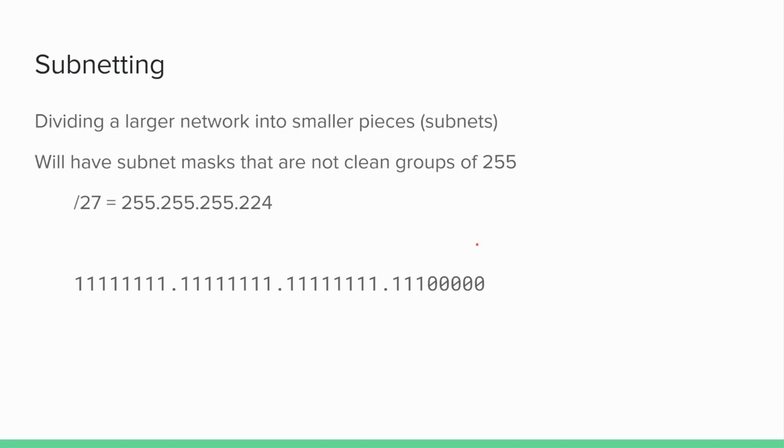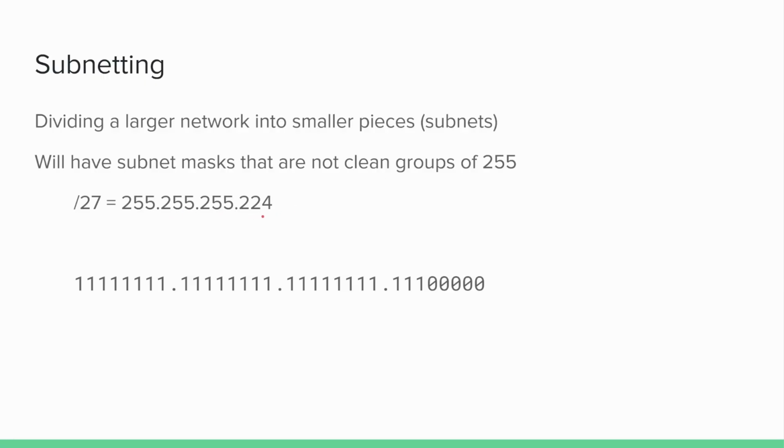So as I just said, the idea of subnetting is to divide a larger network into smaller pieces, and each of these pieces is called a subnet. So what this means is that we'll have subnet masks that are not clean groups of 255 like we had in the past. For example, a subnet mask of /27 is 255.255.255.224.